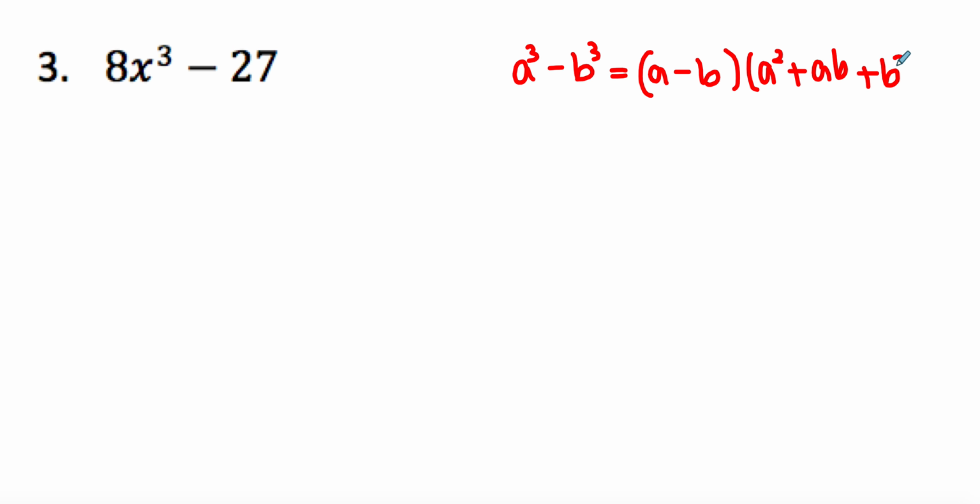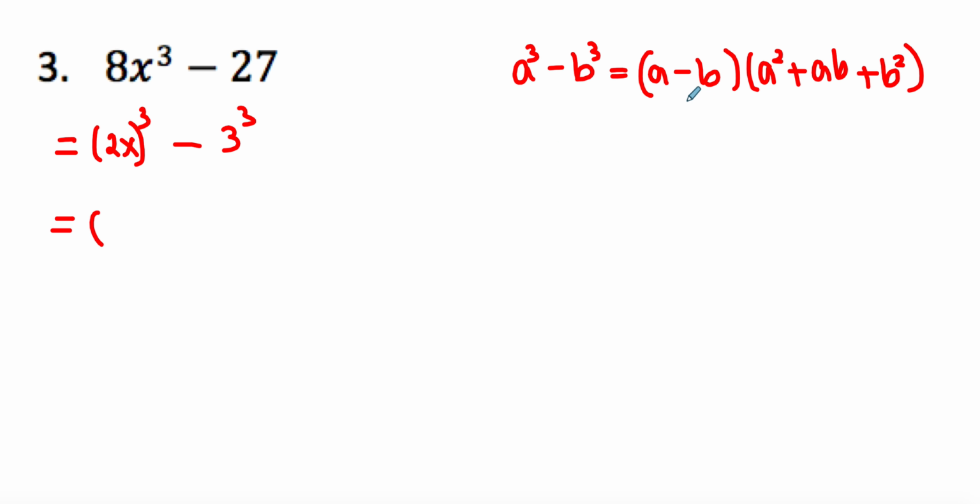Plus b squared, and this is always positive. Following this factored structure, we rewrite this one as 2x quantity cubed, that's 8x cubed, minus 3 cubed. I understand you don't have to write in this manner. Some of you might have this already in your mind, but I just wrote it so that we can compare.